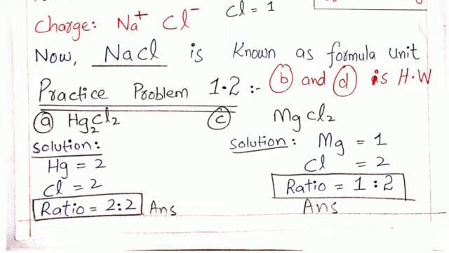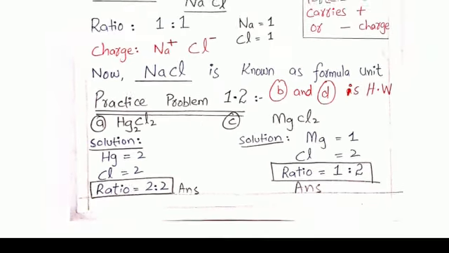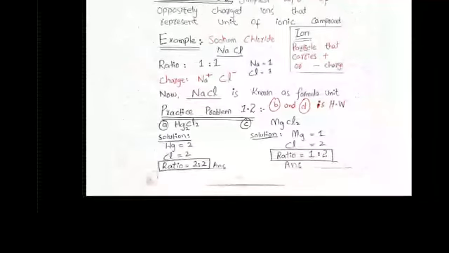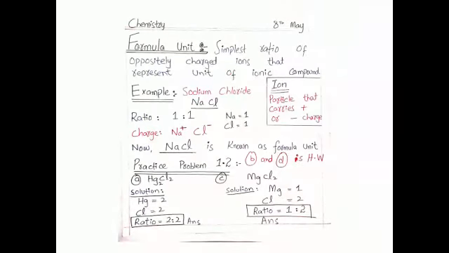Similarly, MgCl2 is solved by the same method. Parts B and C of practice problem 1.2 are your homework. Try to solve them. If you face difficulty, then let me know.